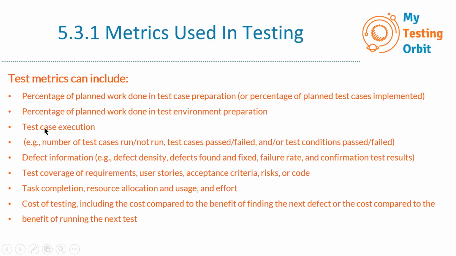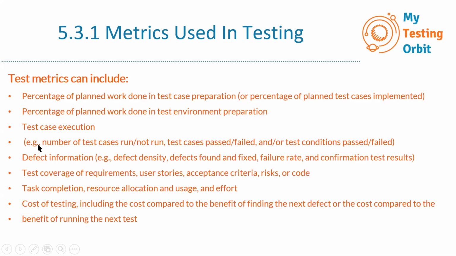Then the third one, test case execution. When we are executing the tests, that's an important metric to be captured: how many tests we planned to execute versus how many we have actually executed. Were there any blockers?